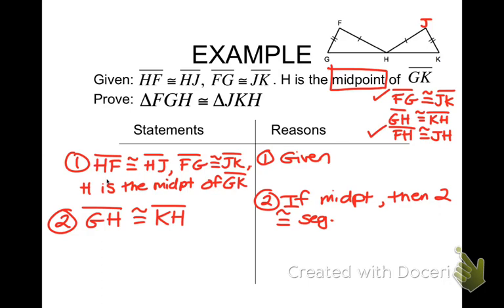So now, since I have 3 congruent corresponding parts, I can then say that my triangles are congruent. So line 3, I'm going to rewrite that prove line. Triangle FGH is congruent to triangle JKH. And here's the beauty. What postulate are we talking about in section 4.3?